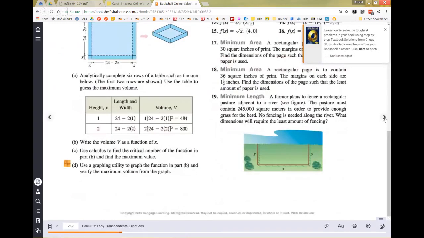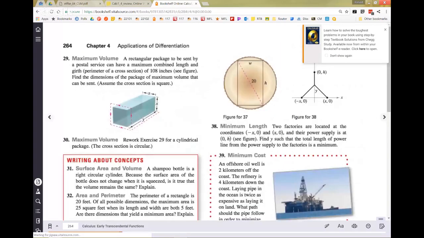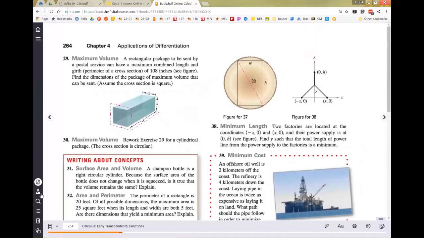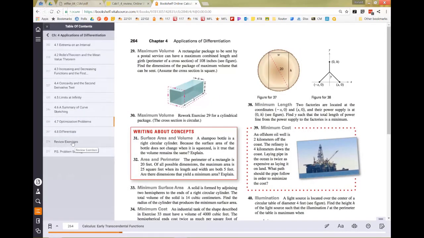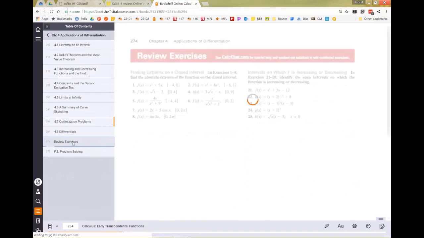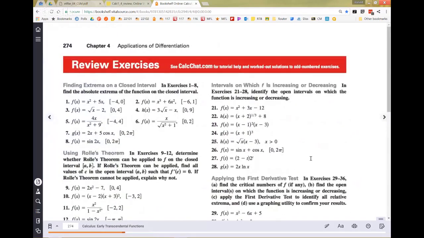Second page. No, I'm in the wrong place. Okay, let's see. Table of contents. Here you go. Chapter 4 and review exercises. All right. Now we're in the right place. All right, number 27. Let's grab that.